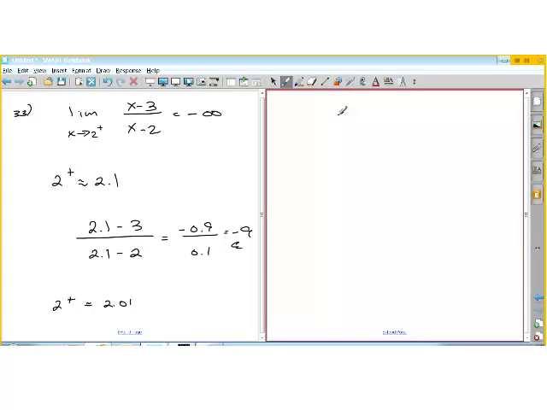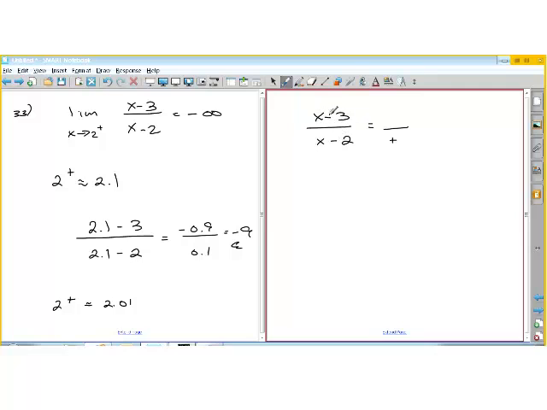So the way I would do it is I would look at this ratio, and I would say, okay, if this is slightly bigger than 2, well, the denominator is positive. A larger number minus a smaller number is positive.